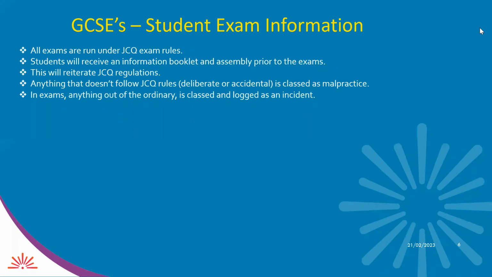We still have to sometimes report it, but it doesn't necessarily mean that somebody is trying to cheat or get an unfair advantage, and it doesn't necessarily mean that something negative is going to happen if there is a malpractice involved.